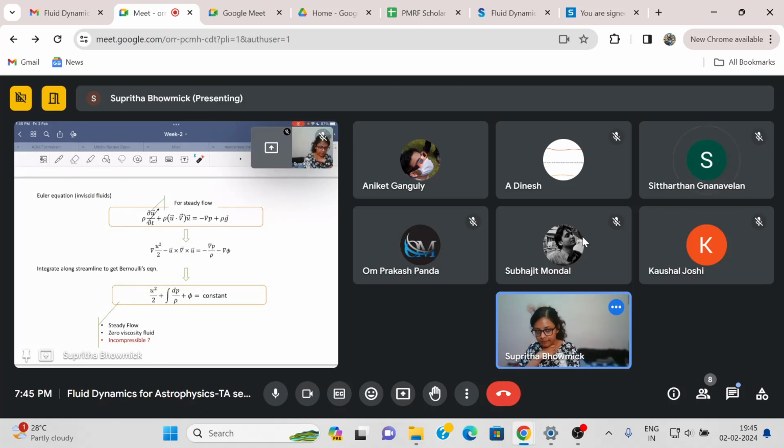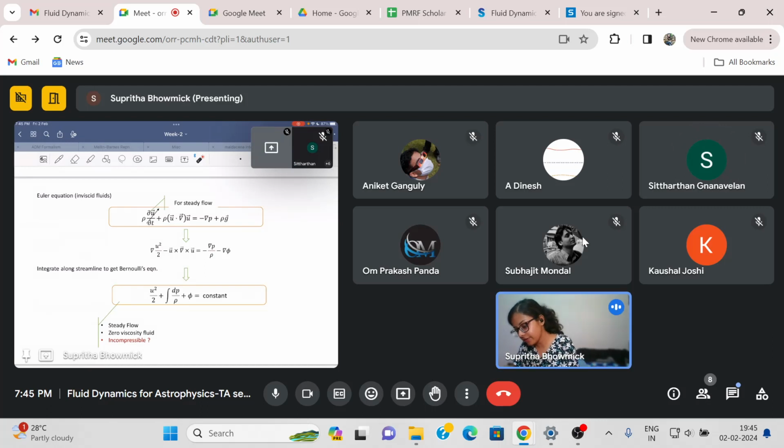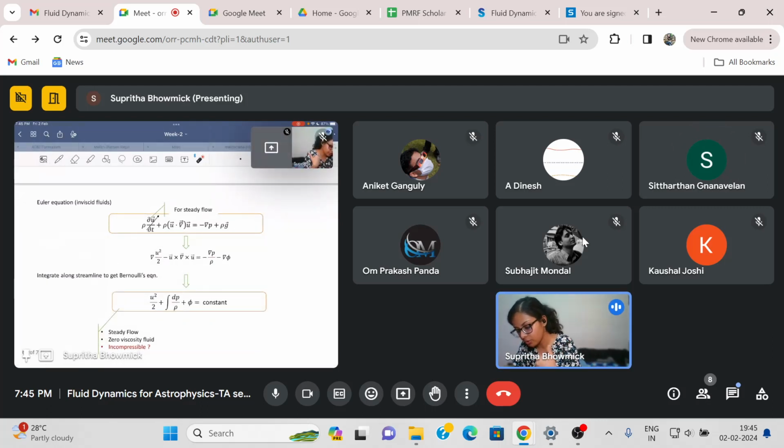No. Okay, so where have we used the simplifying assumption of a flow being incompressible? We haven't, right?